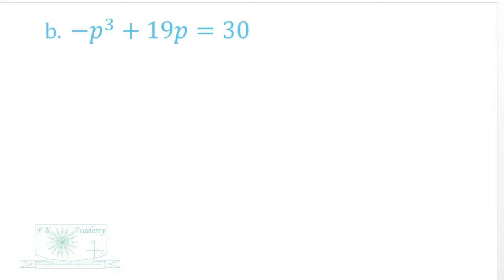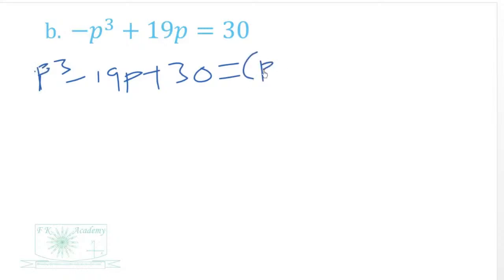So the polynomial factors like this: p cubed minus 19p plus 30 is equal to p minus 2, then we have p squared plus 2p minus 15.